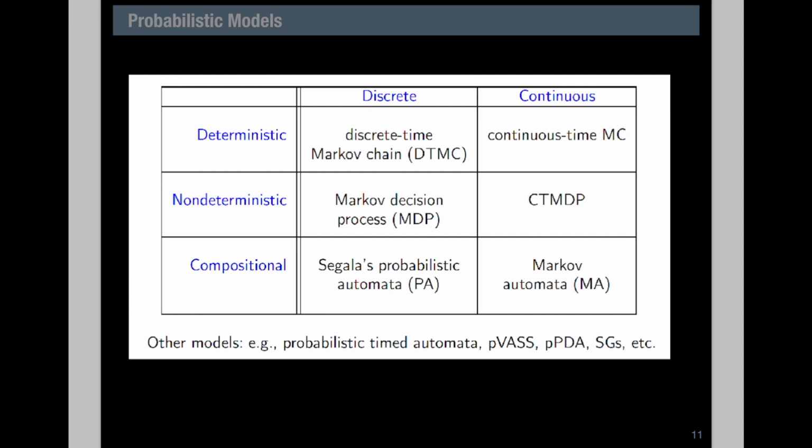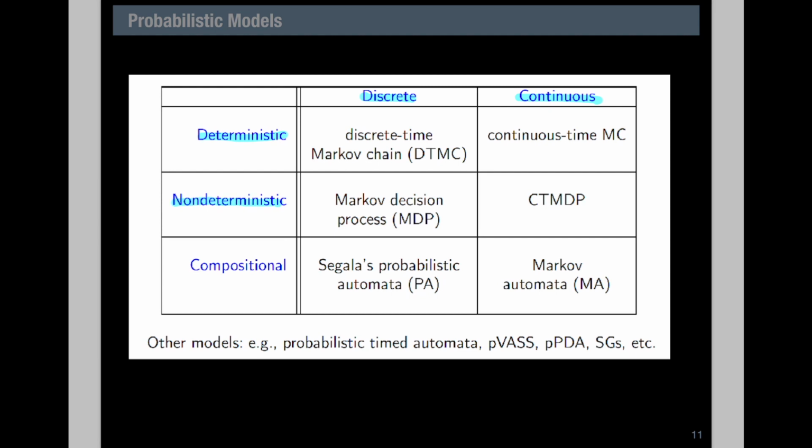And these models are categorized in terms of discrete models and continuous time models. And the way in which these models behave, either they can be fully deterministic, which means there is no non-determinism, and then you end up with models like Markov chains and continuous time versions of it.